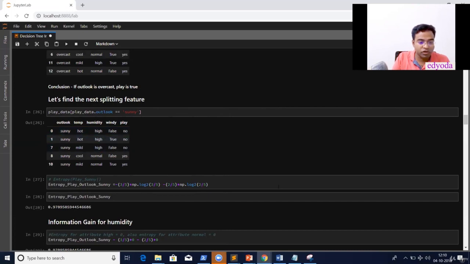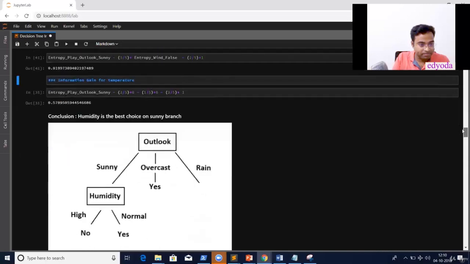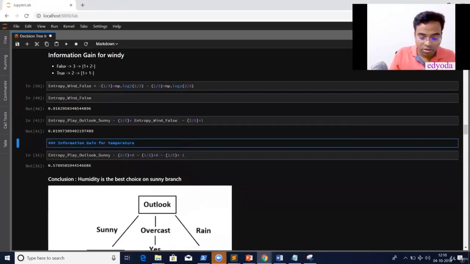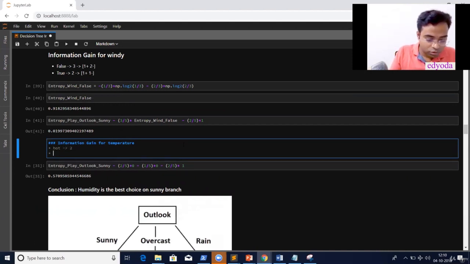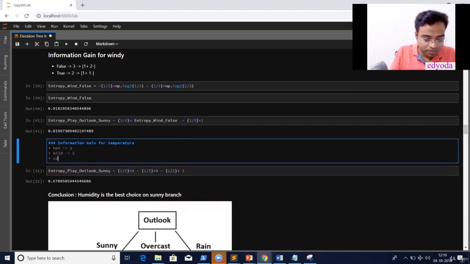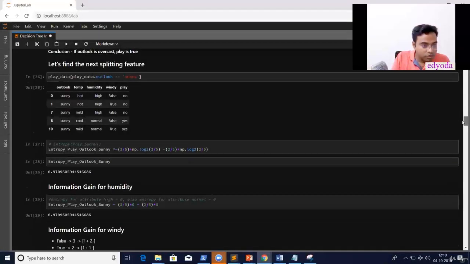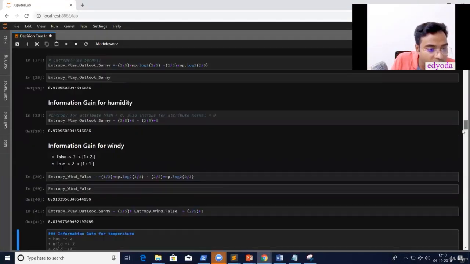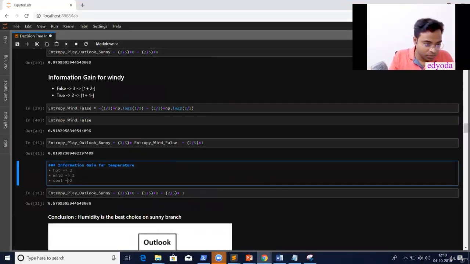So the entropy of the data is, hot 2, mild 2, cool is 1.